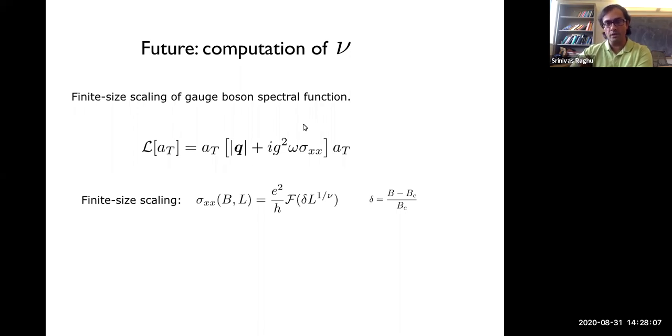Now, with disorder, things run strong due to the theta term in the nonlinear sigma model. So it is a fair point that it's not obvious that the gauge boson remains dominated by its Gaussian piece. So I don't have an answer to that question, actually. It's a good comment. Okay, thanks.